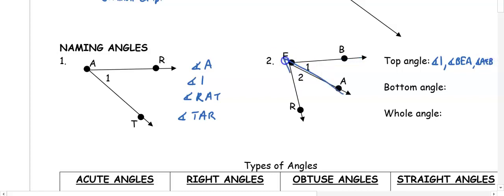The bottom angle then, we can call that angle 2. We can call it angle REA or angle AER. And then our whole angle, we can't use a number because it's putting the two angles together, so we can only use three letters. So we could call it angle BER or angle REB.